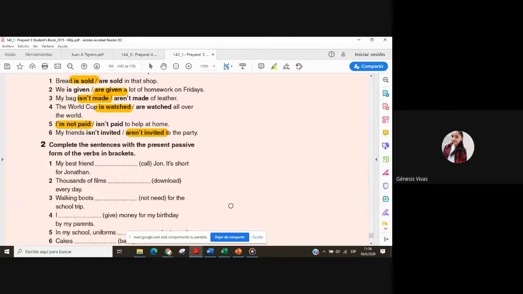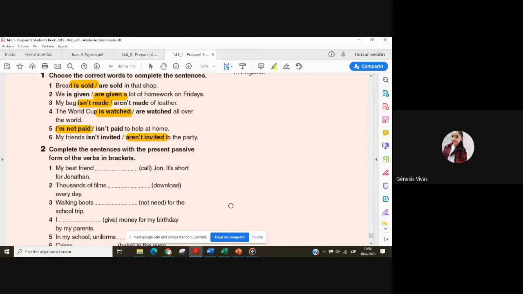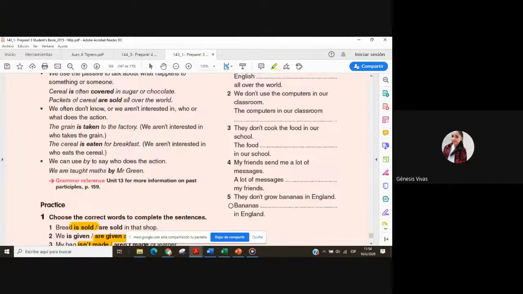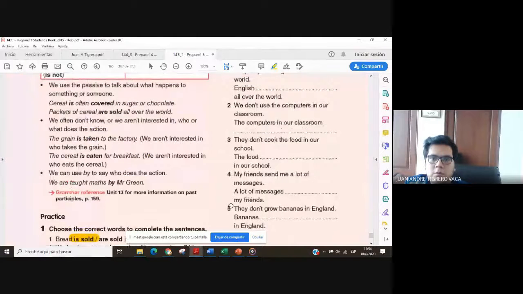Teacher, one question. In the sentences number three, it is the food. The food is singular. They don't cook the food in our school. The food is singular, yes. So that would be the food isn't cooked in our school.